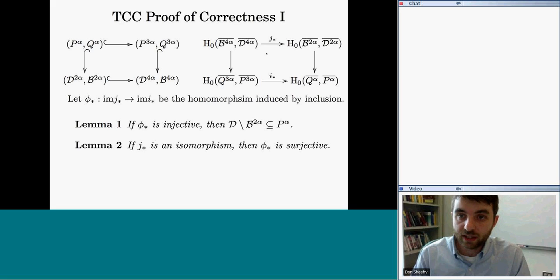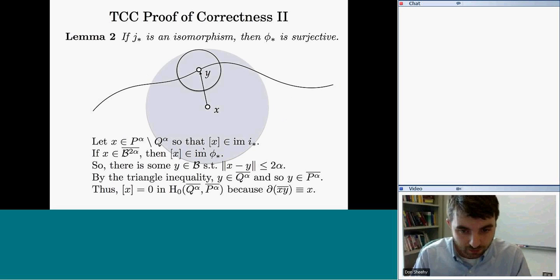This is an isomorphism, then it actually lives in this image, and therefore there's some element of the image of J star that maps to x. So let Y be the point nearest to x on the boundary of B. The distance from x to y is less than or equal to 2 alpha.